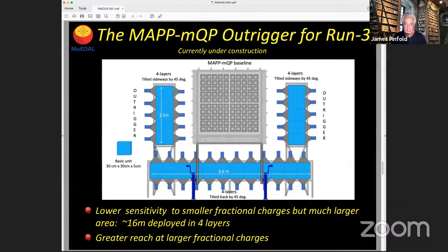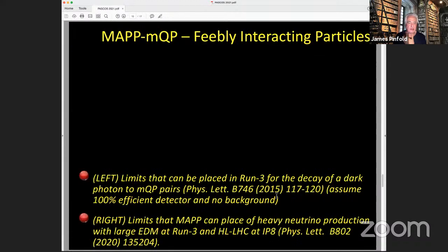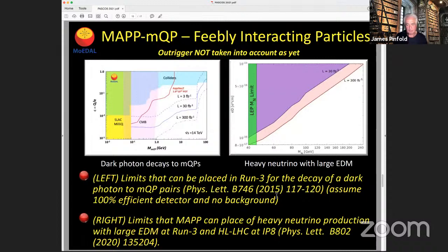So we won't be as sensitive as this central piece here, but because of the area here, we'll be able to do a lot better in the medium fractional charge area. And these detectors are currently under construction, and we're actually getting the technical proposals through now.